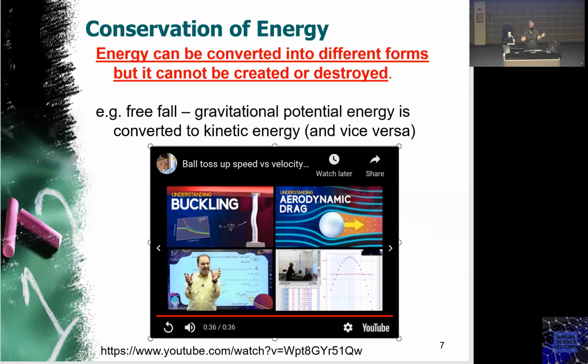One of them goes up, the other one decreases, and vice versa. However, at any point along this path, the summation of the potential and the kinetic energy is constant in lossless systems. And that's what we call the conservation of energy.